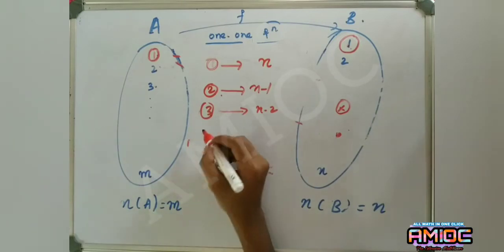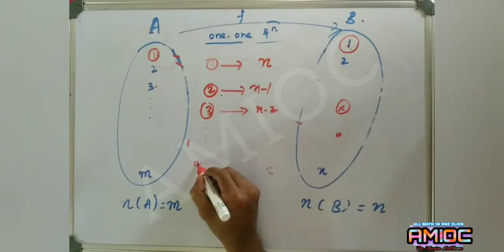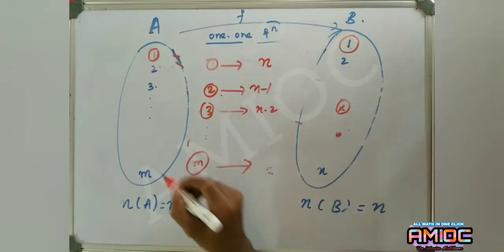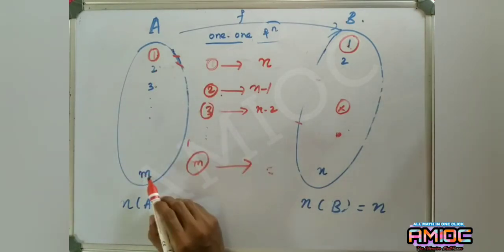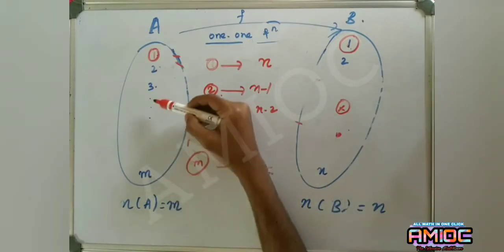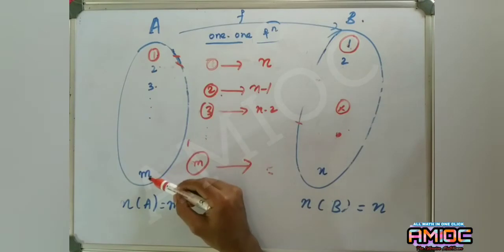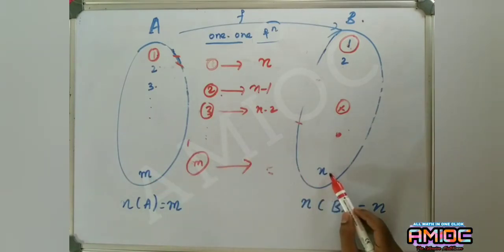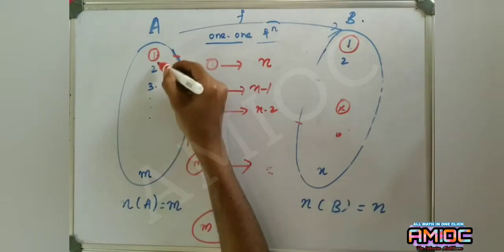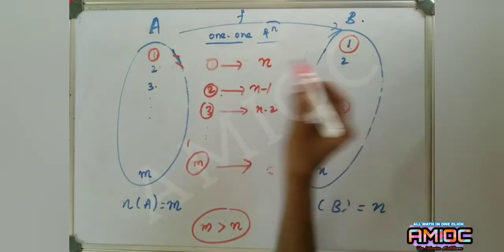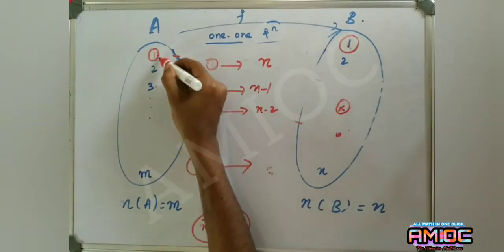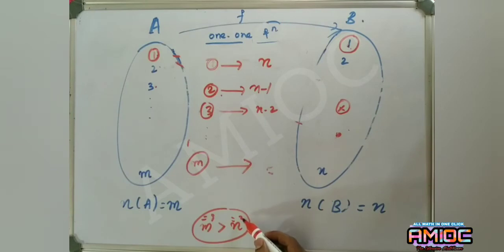Continuing like this, how many choices does m have? What about the relation between m and n? If m is more than n, let me consider a particular case, m is equal to 3 and n is equal to 2.